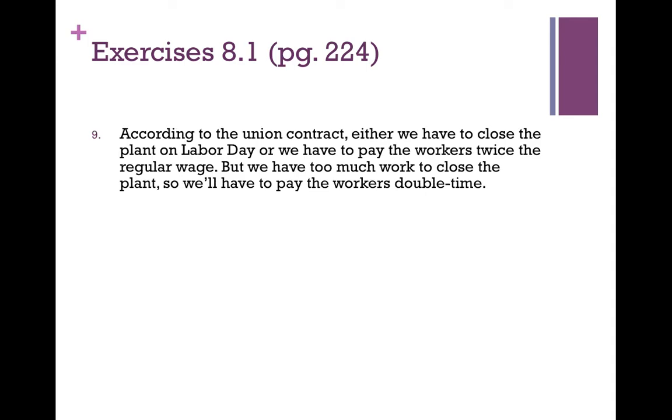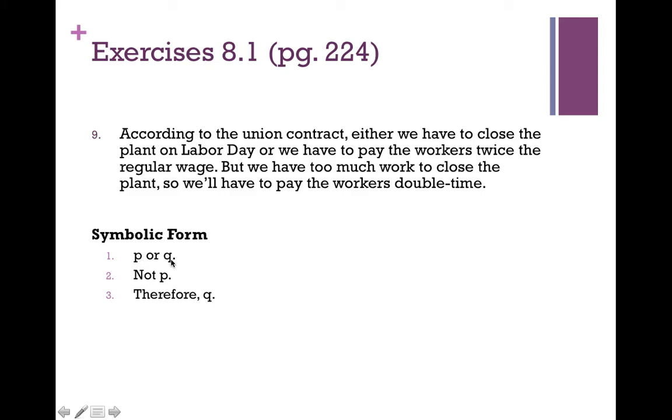Number 9. According to the union contract, either we will have to close the plant on Labor Day or we have to pay the workers twice the regular wage. But we have too much work to close the plant, so we have to pay the workers double time. So this one is the same as we've seen thus far, where P represents we have to close the plant on Labor Day.